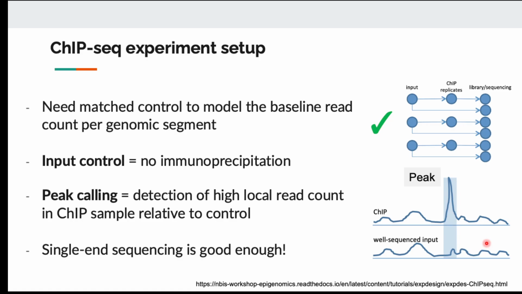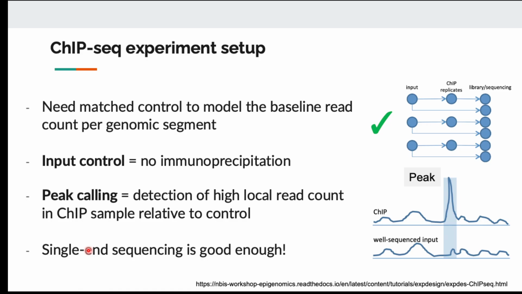So in the experimental design, you're going to have to spend more money to prepare more samples and to sequence more, because you need to sequence the control as well, not just your ChIP-seq sample. But the good news is, for ChIP-seq, where we only need to identify the location of the peaks, where we have many reads, you don't really need paired-end sequencing.